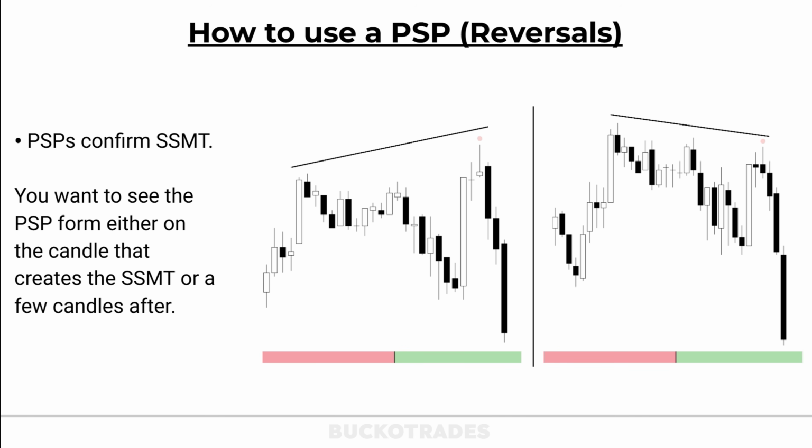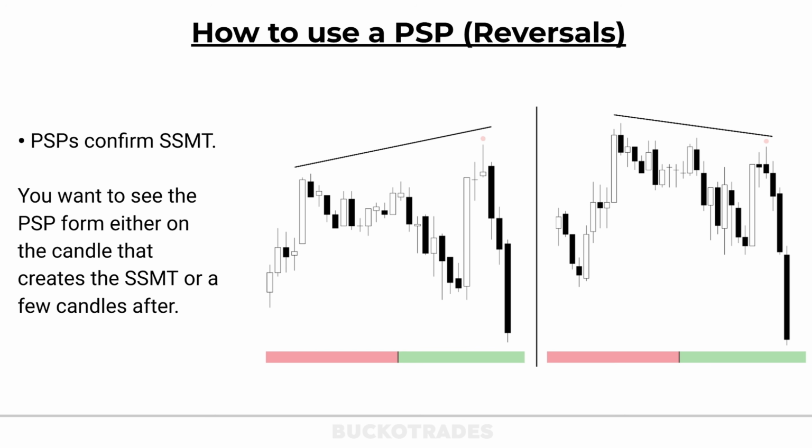Once that sequential SMT has occurred, you can then see a PSP formed, which is highlighted by that red dot. The asset to the left formed a bullish candle as that swing point, whereas the asset to the right formed a bearish candle for that swing point. As soon as that PSP had formed after the sequential SMT, price then began to break down. Now we know how to use precision swing points to confirm sequential SMTs for that reversal.